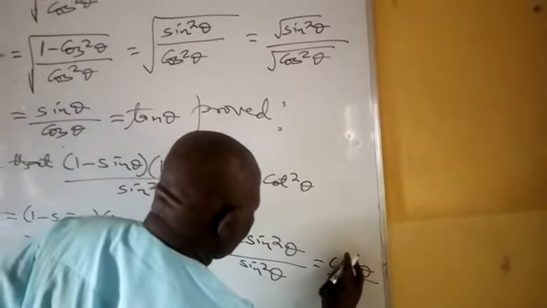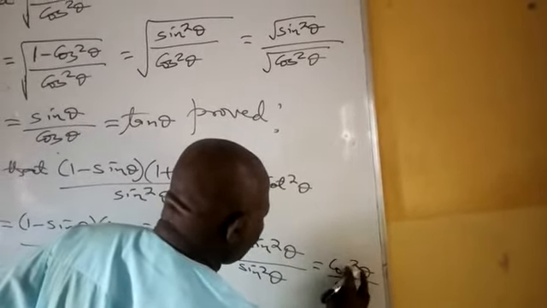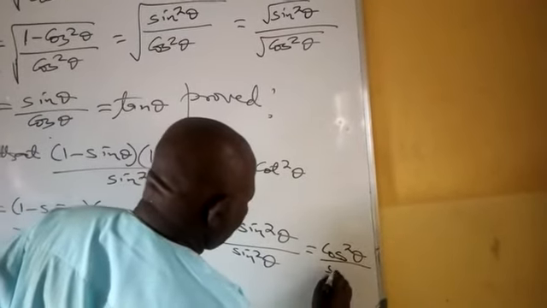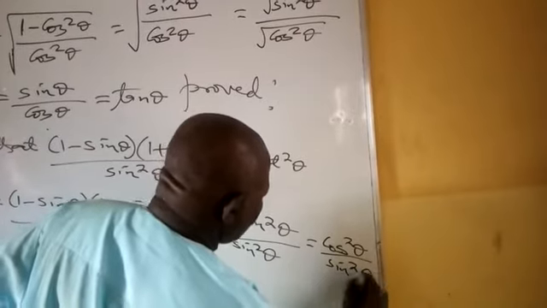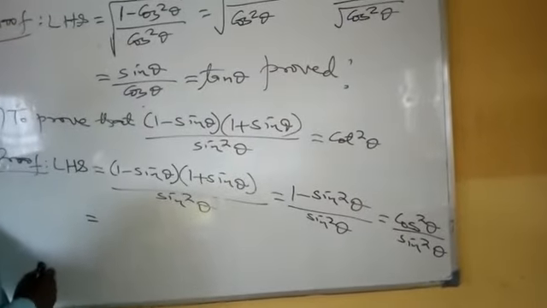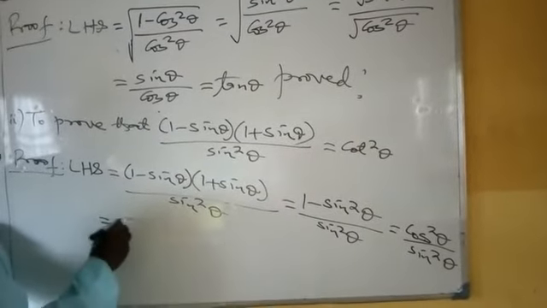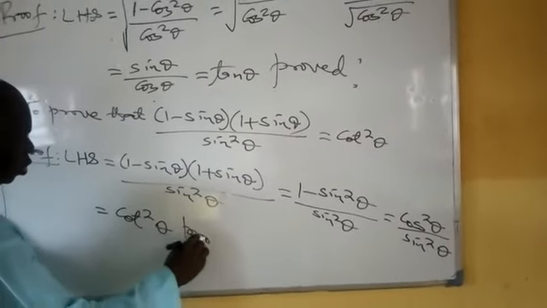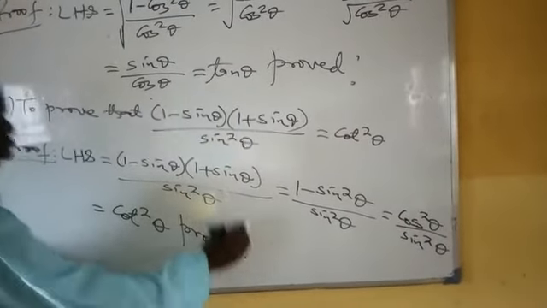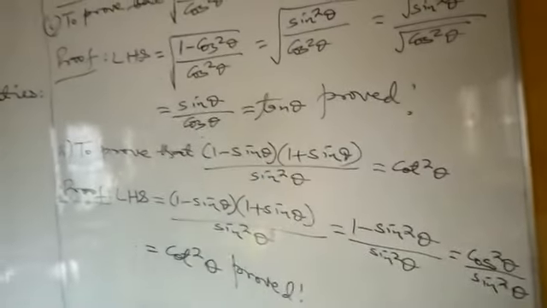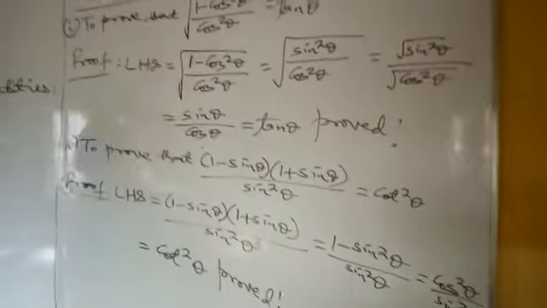Proved, which is the right hand side. Cot square theta. Proved.